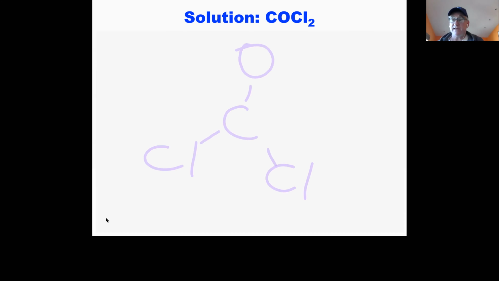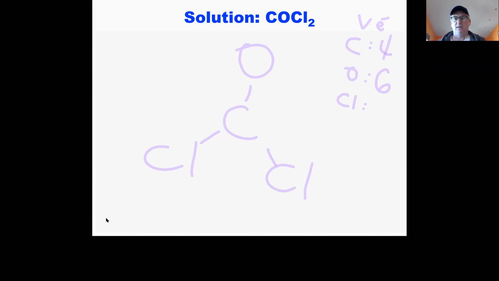So how many total valence electrons is this molecule going to have? I've got carbon, oxygen, and chlorine. How many on carbon? 4, right. It's in group 4, so 4 valence electrons. Oxygen? 6. And chlorine?